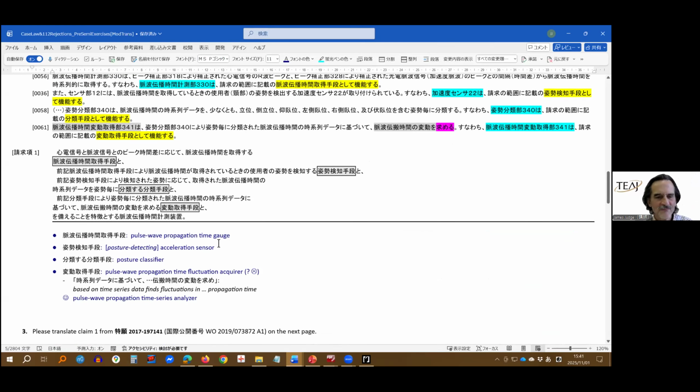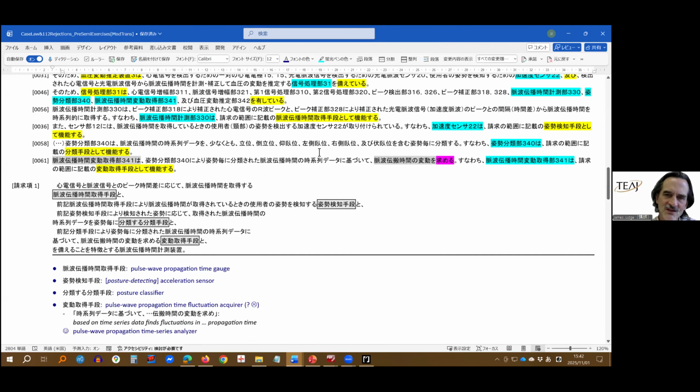But I thought maybe this might work, if using the word gauge is a very specific device usually, and it might be interpreted as a specific kind of circuit that would be understood by a person skilled in the art. That would be one possible trick, but it's going a bit beyond the Japanese, and this kind of change, I would say any translator would have to explain to the client.